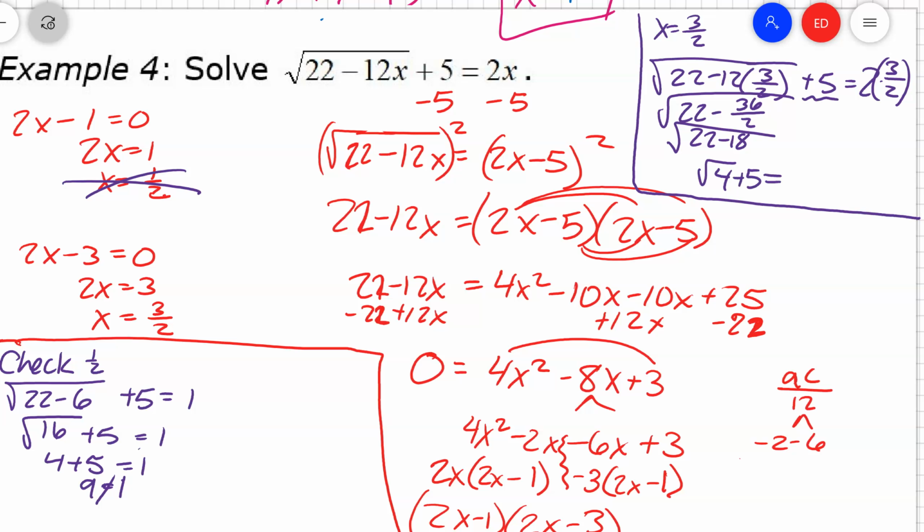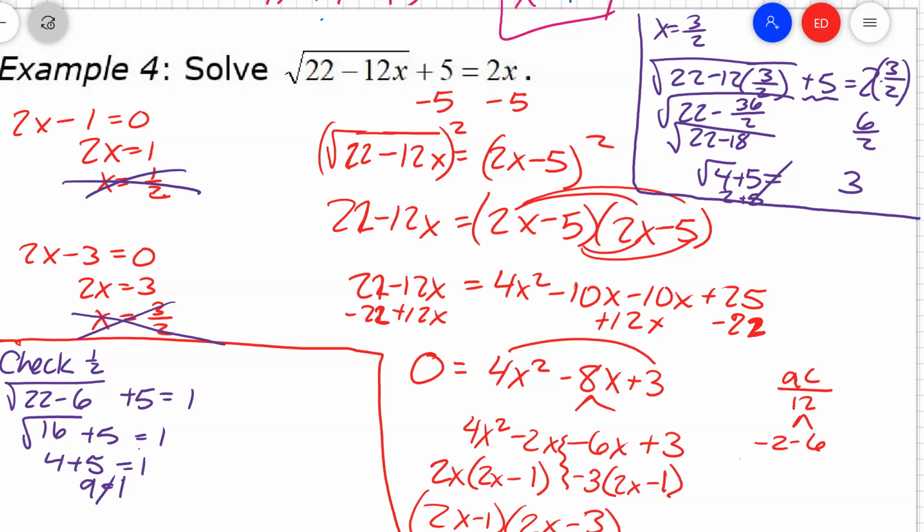And then we end up with 2 times 3, which is 6, divided by 2, which is just 3 on the other side. So that's 2 plus 5, which is 7, equals 3. That does not equal. So x equals 3/2 is also not a solution.